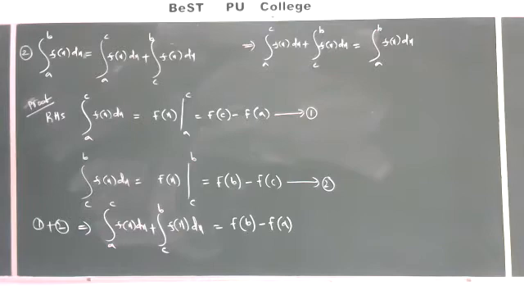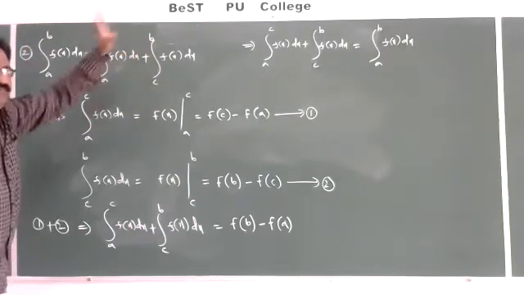From this proof we observe, if an interval is given from a to b, and there is any number in between, for example 2 to 4 is given and 3 is in between, then you write 2 to 3, 3 to 4, like that.